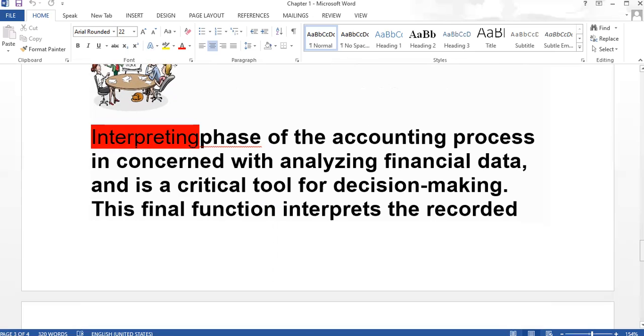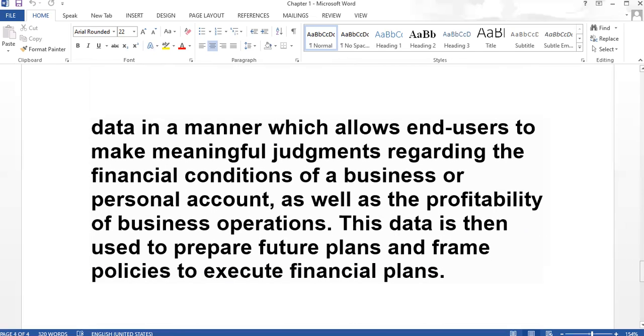This is the final function, which interprets the recorded data in a manner which allows end users to make meaningful judgments regarding the financial conditions of the business or personal account, as well as the profitability of business operations. This data is then used to prepare future plans and frame policies to execute financial plans.